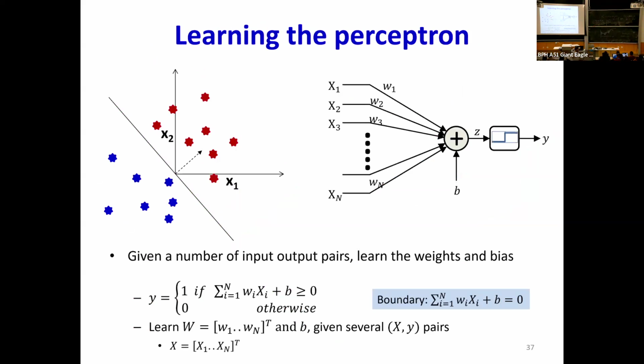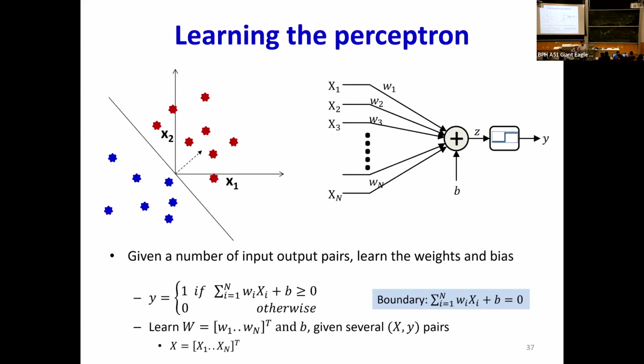We are given a bunch of training samples as shown over there. And from this training sample, we have to learn the Heaviside function. But what does this actually mean? We want to learn the hyperplane that separates the positives from the negatives. So in other words, we want to learn the equation for this boundary such that this boundary separates the positives from the negatives. And the equation for the boundary is entirely specified by the weights and the threshold, right?